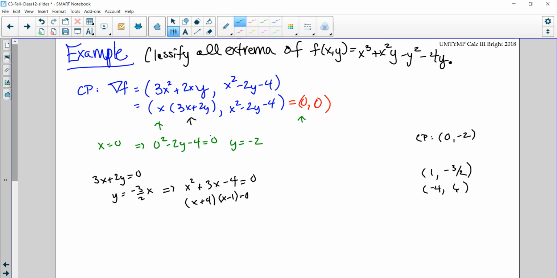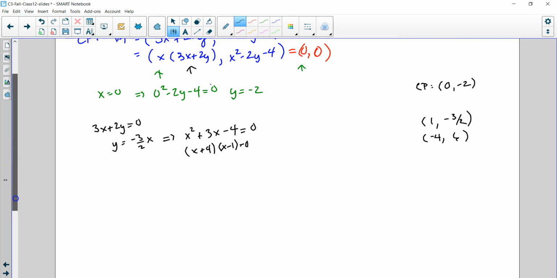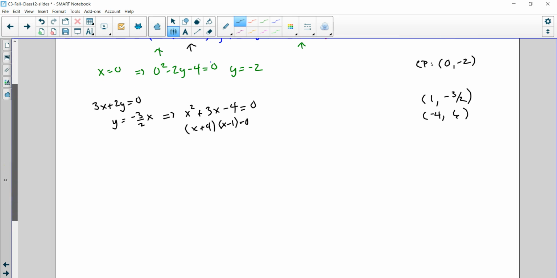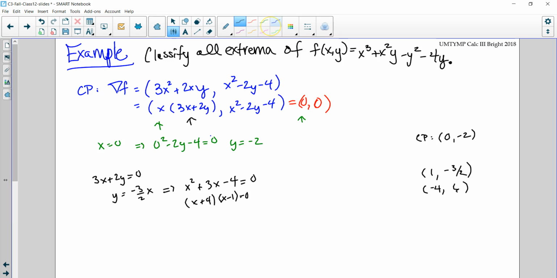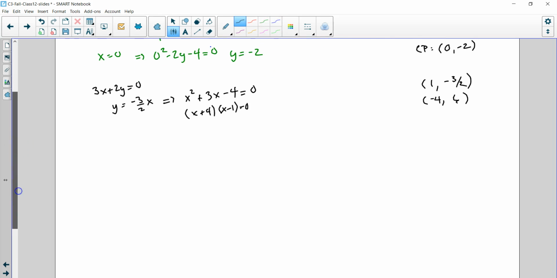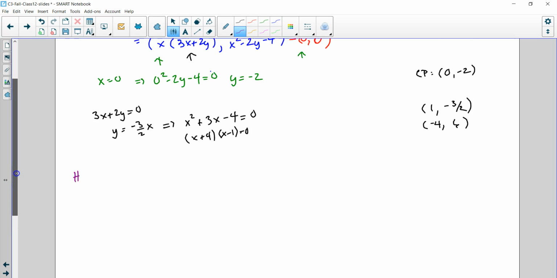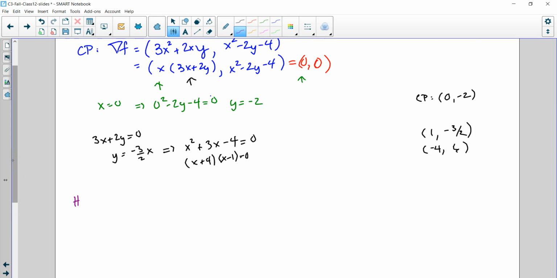Alrighty, so then I have my critical points. Now I need to classify them, right? So I need to, according to the second derivative test, look at that Hessian. Okay, so it'd probably be wise to actually find the Hessian first. Let's go down here and we're going to find the Hessian, and I need to refer to my gradient.